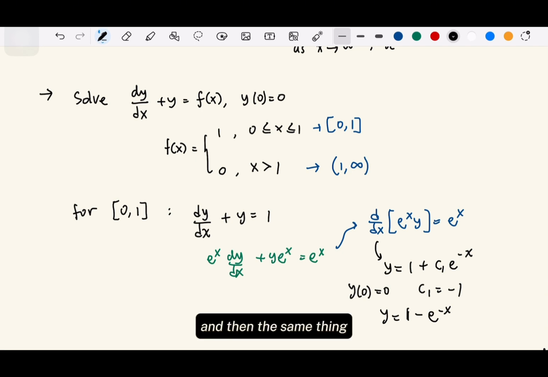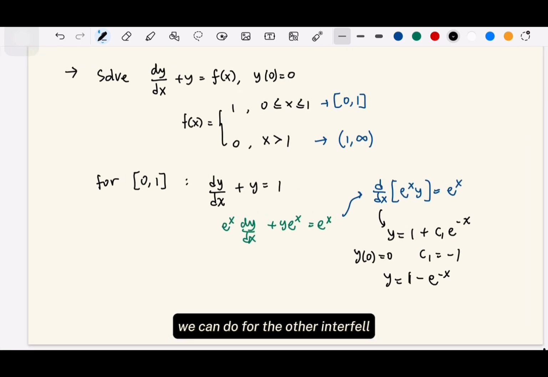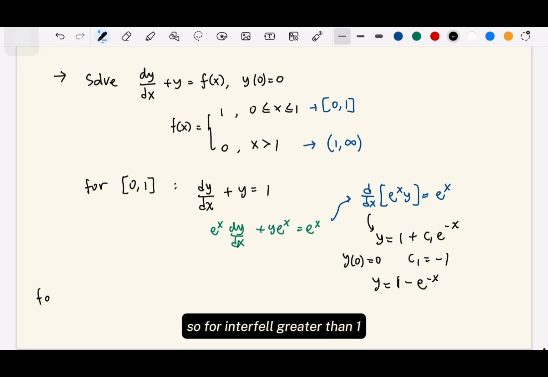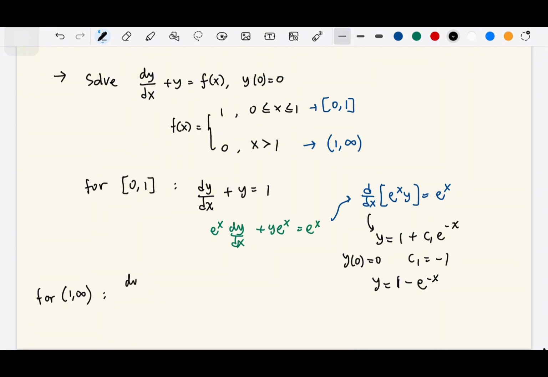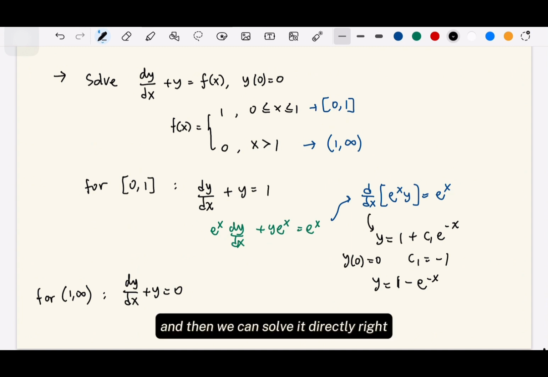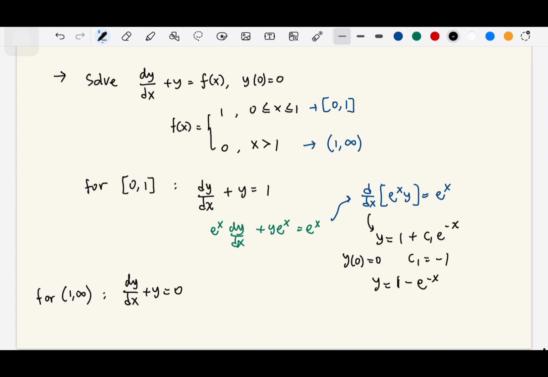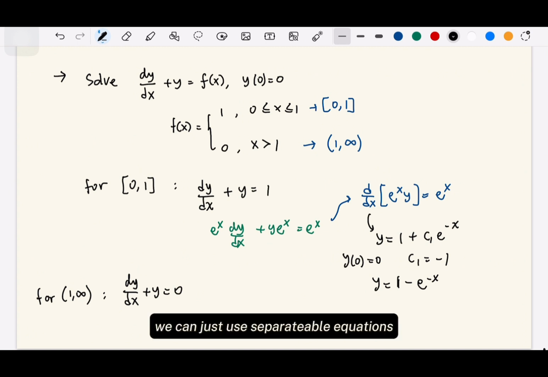And then we can do the same thing for the other interval. For the interval greater than 1, we take this equal to 0. Then we can solve it directly, using separable equations. We say y is equal to, let's say, c2 e to the power of negative x.